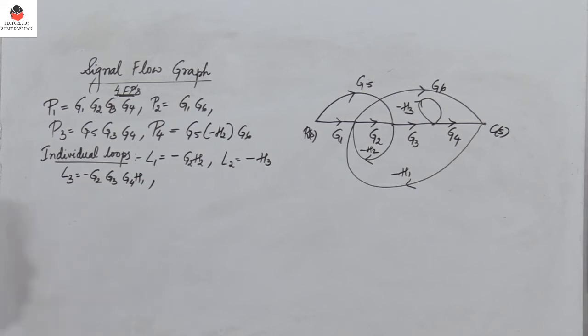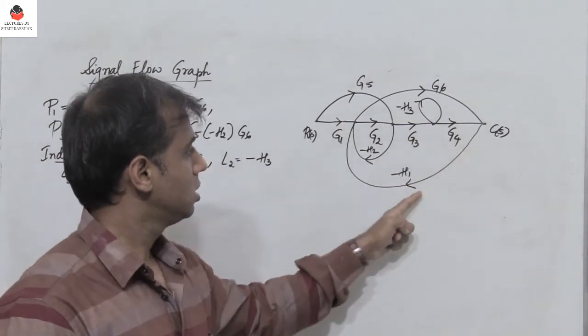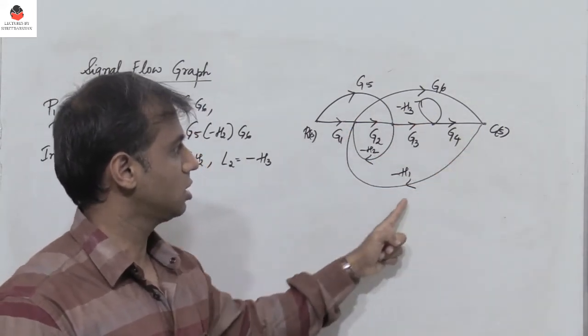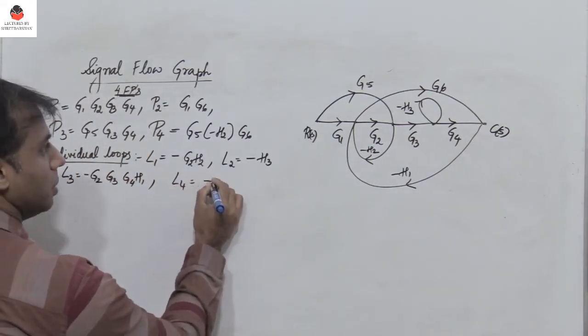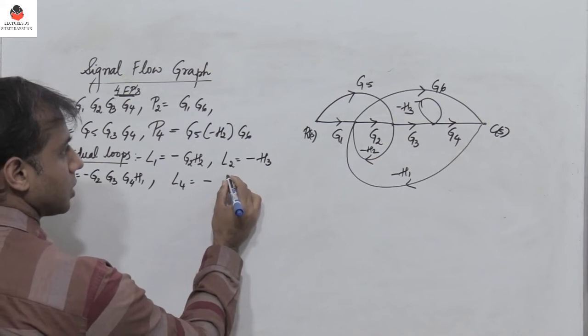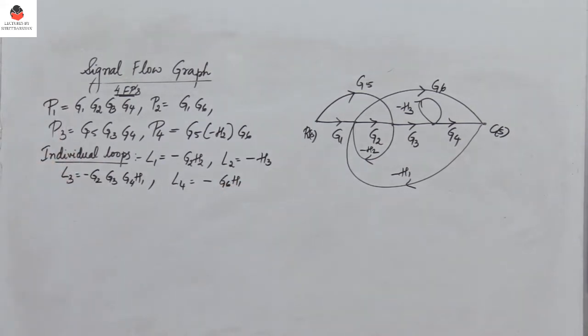What is another loop? I have another loop here, G6 into minus H1. This is another individual loop. So I have L4, which is minus G6 H1. I observe that there are 4 forward paths, and these are the forward path gains. I have 4 individual loops, and I have listed all the 4 loops. Next, what do we need to do?